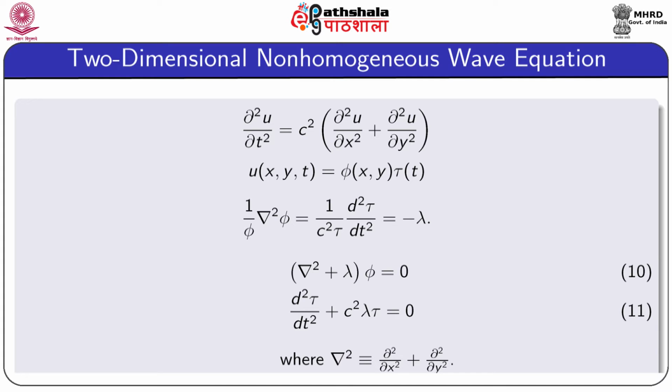We assume u as a product of phi and tau, where phi is a function of the space variables x and y and tau is a function of t only. If we substitute this in the wave equation, we obtain this, where we can separate the function phi and the function tau. If we assume minus lambda as the separation constant, we obtain the equation for phi as the Helmholtz equation, given in equation 10, and the equation for tau is given by 11.